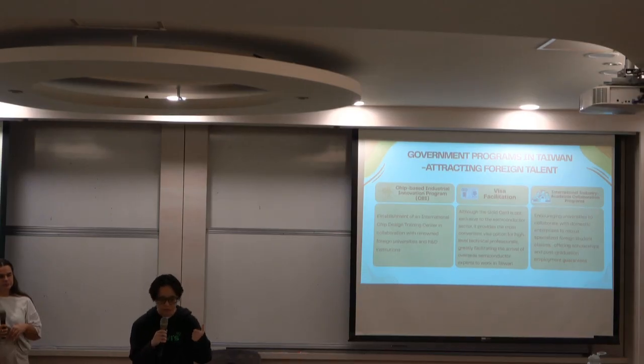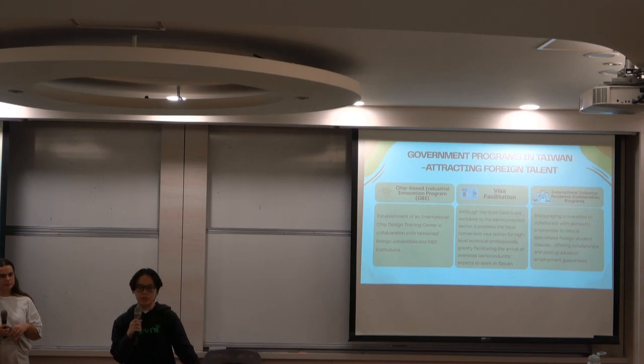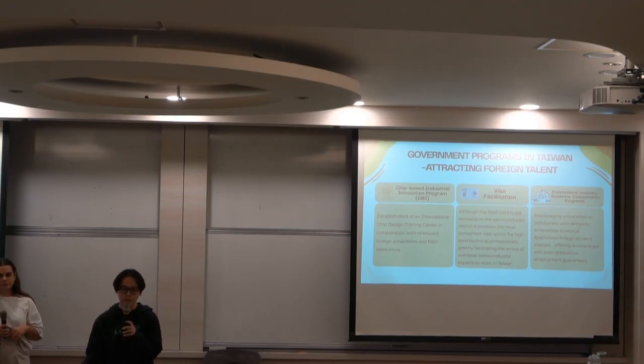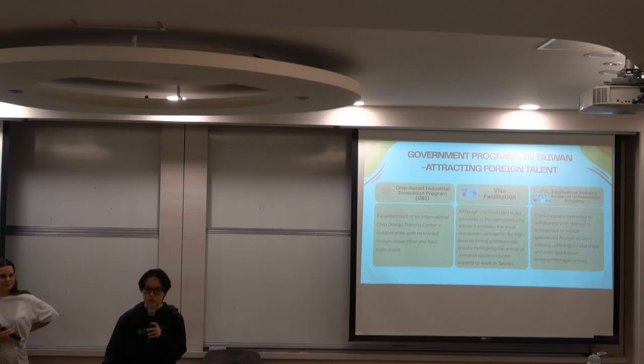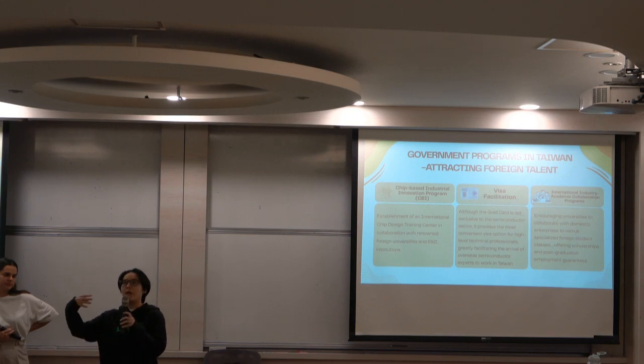The main one is the Taiwan Employment Gold Card, a 4-in-1 visa that allows re-entry or work permits, making it easier for foreigners to come to Taiwan and have a career. And the last one is that they also encourage some colleges to cooperate with companies, and they set up some special classes that only admit foreign students and give them some post-graduation employment guarantee. So to make sure after their graduation they will stay in Taiwan and work.